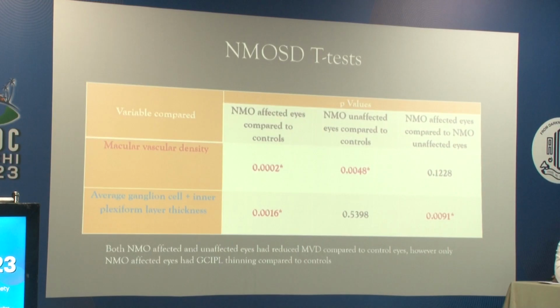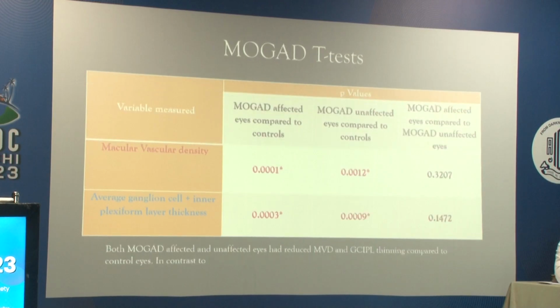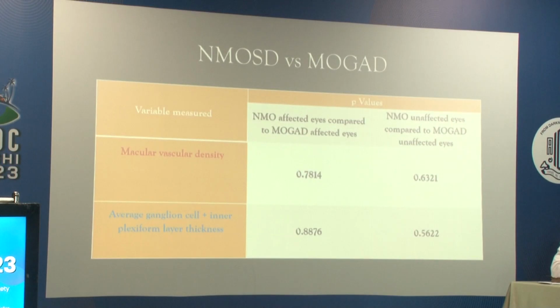When we carried out t-tests comparing NMOSD and MOGAD to healthy controls, the results that we just saw in the graphs were confirmed. When we compared NMOSD to MOGAD, however, we did not find any significant difference between the macular vascular density or the GC-IPL thickness in either the affected or unaffected eyes.